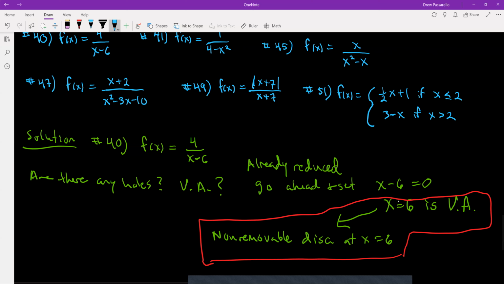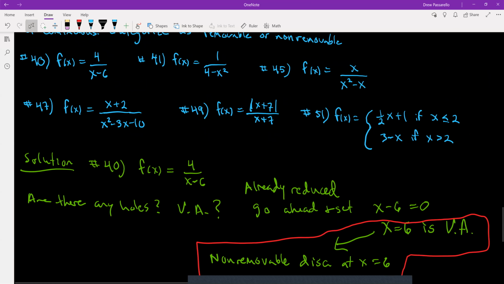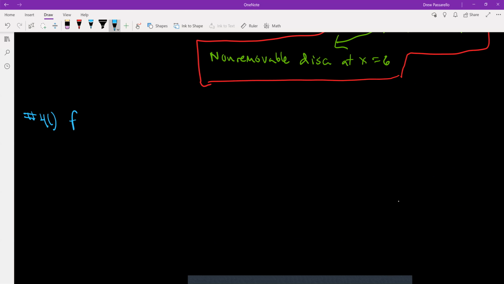Now 41. That is f of x equal to 1 over 4 minus x squared. If you try factoring, this is a difference of squares, and so this would factor to 1 over (2 minus x)(2 plus x).